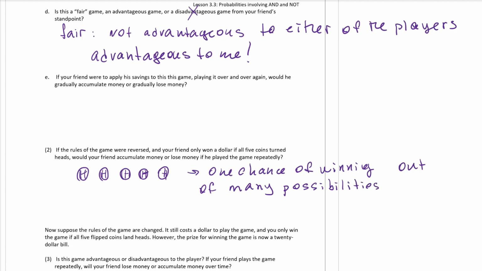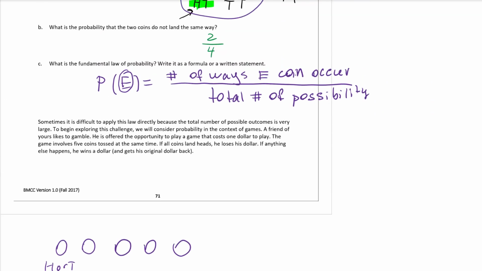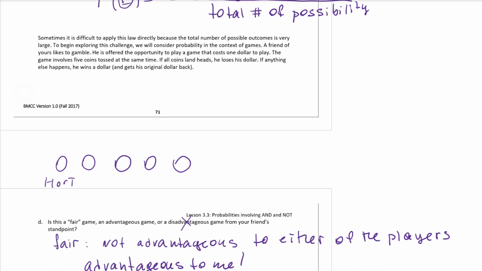Just for an extra point, think about how many different outcomes there are. We started the class today with 2 coins, right? And there are 4 different outcomes when you throw 2 coins. If you throw 2 coins, there are 4 possible combinations.